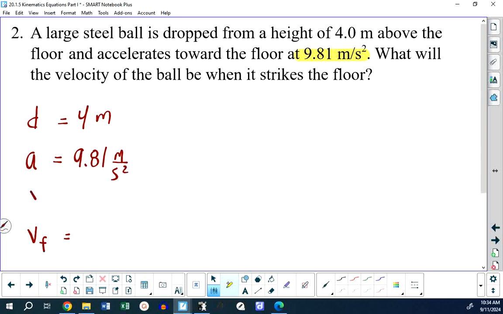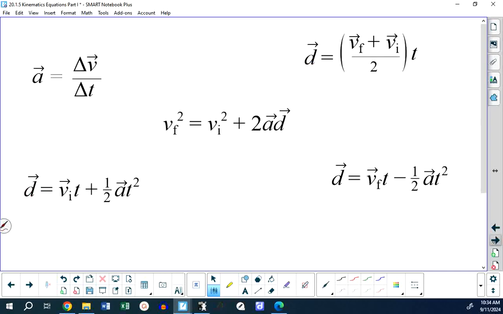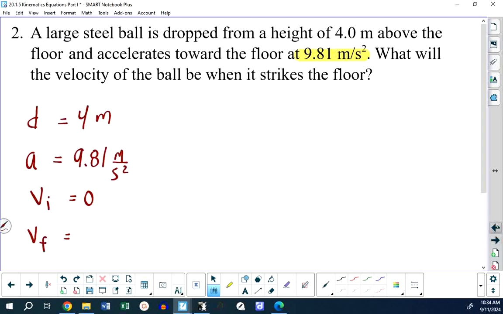So VI is 0. So now your job is to go to these formulas and find the formula that we would use under these conditions. And again, I know which formula because I just have experience. But students sometimes need to be reminded, since the time is not given and we're not asked to find the time, you can't use a formula with time.